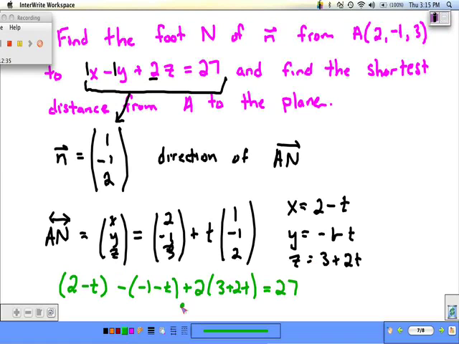And solving this, I can find that t is equal to 3. And from there, I can substitute back into my 3 parameters and find out that N would be the point 5, -4, 9.